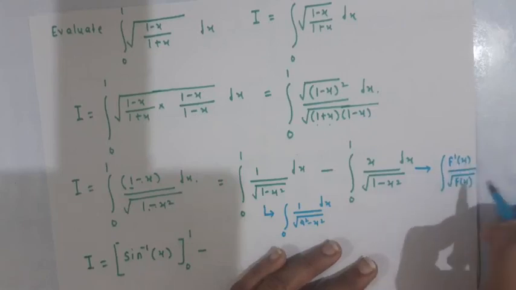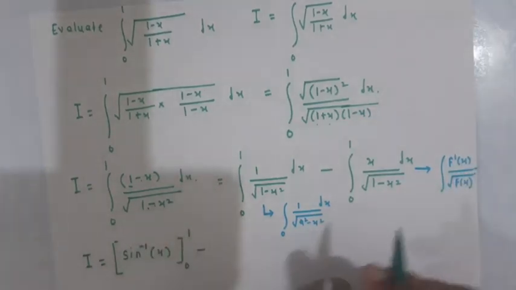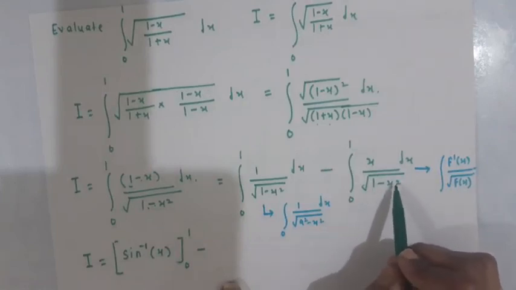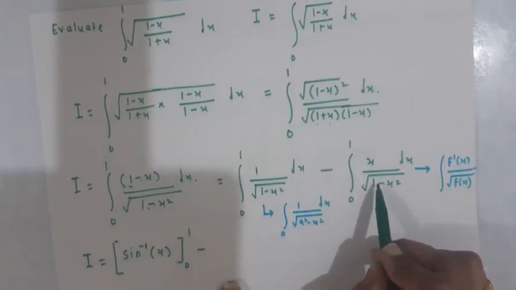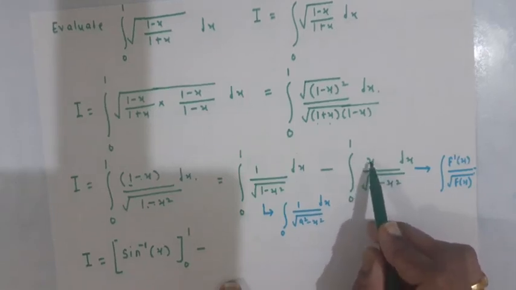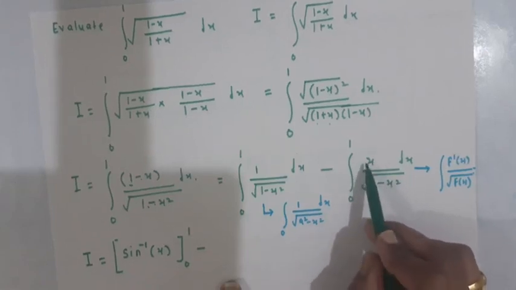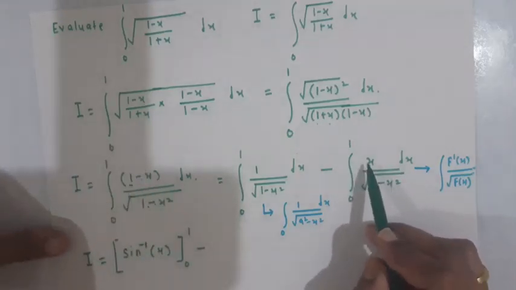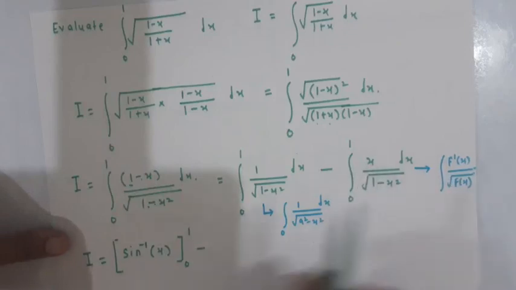We can convert it into this form. The term 1 − x², its differentiation is −2x. So to adjust the term at the numerator, multiply and divide by 2.